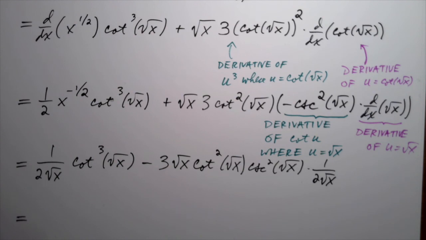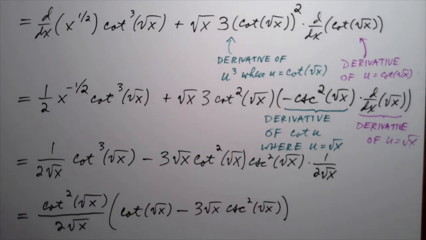Well, there's a 1 over 2 root x that's being multiplied by both of these terms that we're subtracting. And now there's cotangent of the square root of x, and there's 2 copies of it, right? Factoring those common terms out, we can write the answer this way as cotangent squared of the square root of x divided by 2 root x, all times cotangent of the square root of x minus 3 root x cosecant squared root x. My oh my.